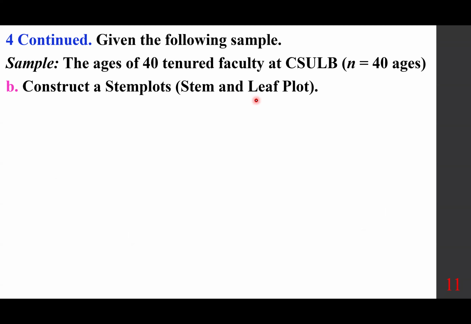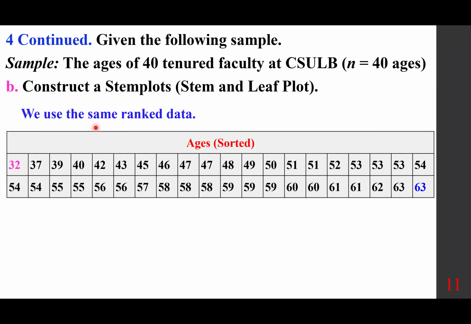Now, to do this, we are going to rank it again. Since we've already done that, we're going to use the same ranked data. So you have to sort it first and foremost. That's important to remember. So we're going to use the same thing, and again, it's going to go from 32 to 63. We're going to start with the tens digits: 3, 4, 5, and they end up with 6.